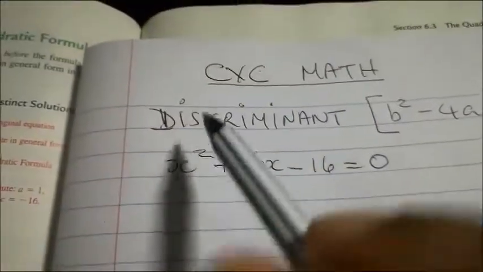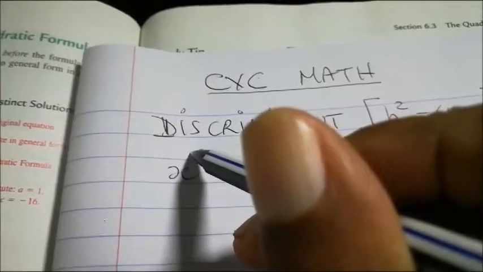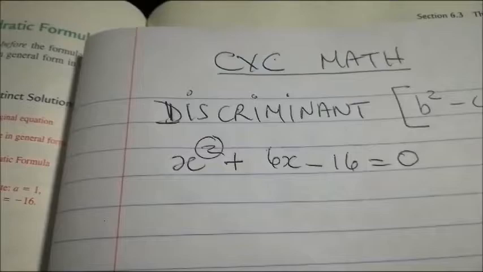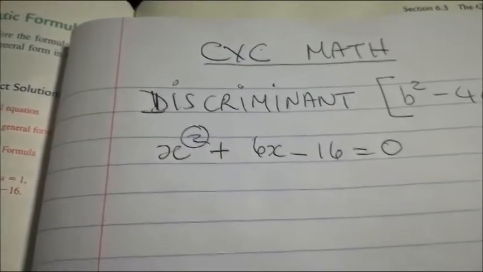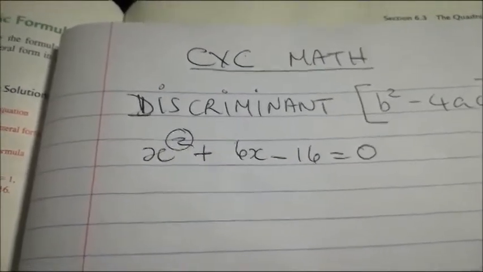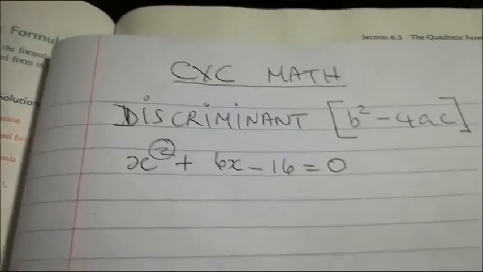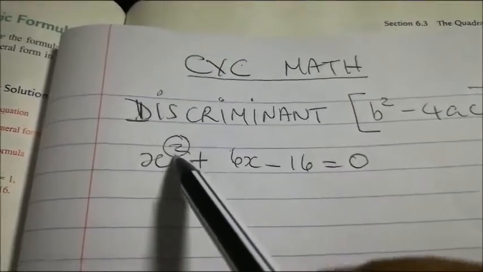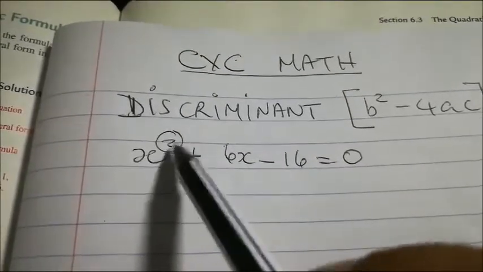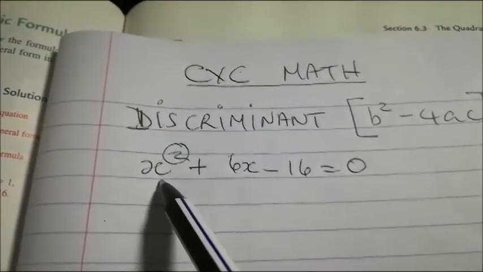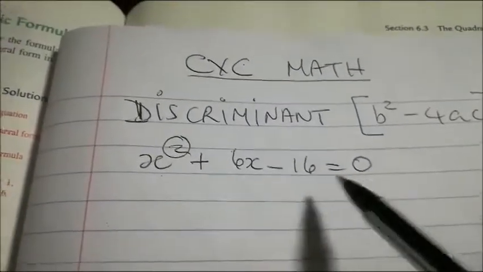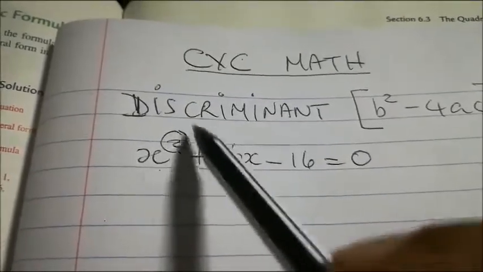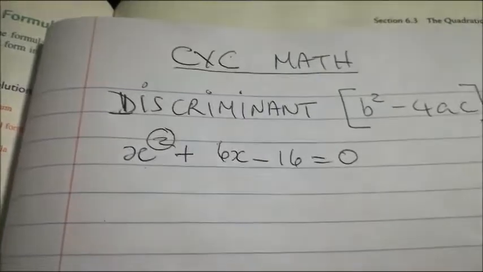This 2 up here, this exponent, tells you that you can expect to get at least two results for x, no more than 2 results. The 2 gives you a clue as to how many values of x you can solve for in this equation, right? This is a quadratic equation because this is written to the second power.